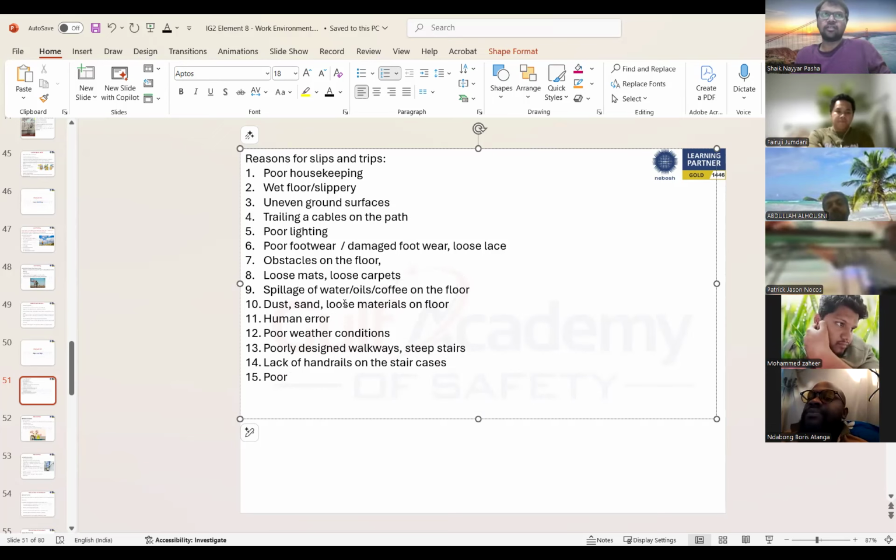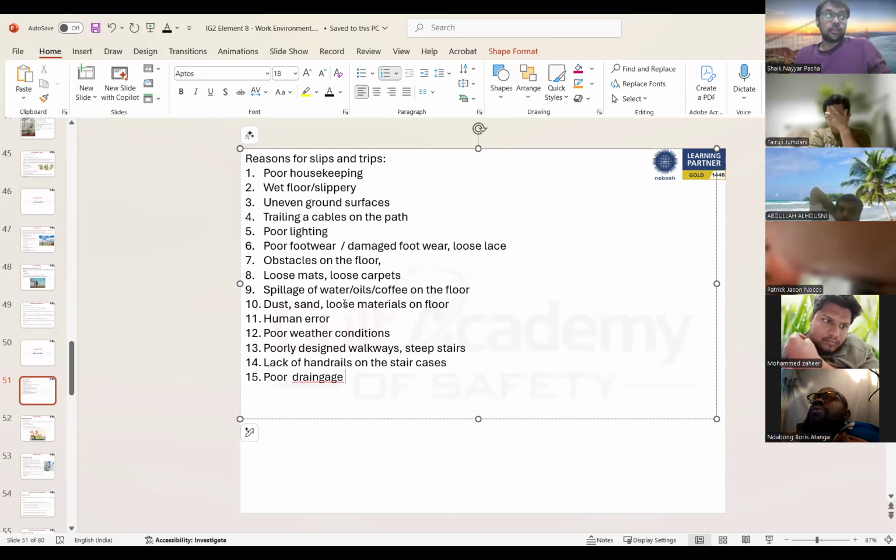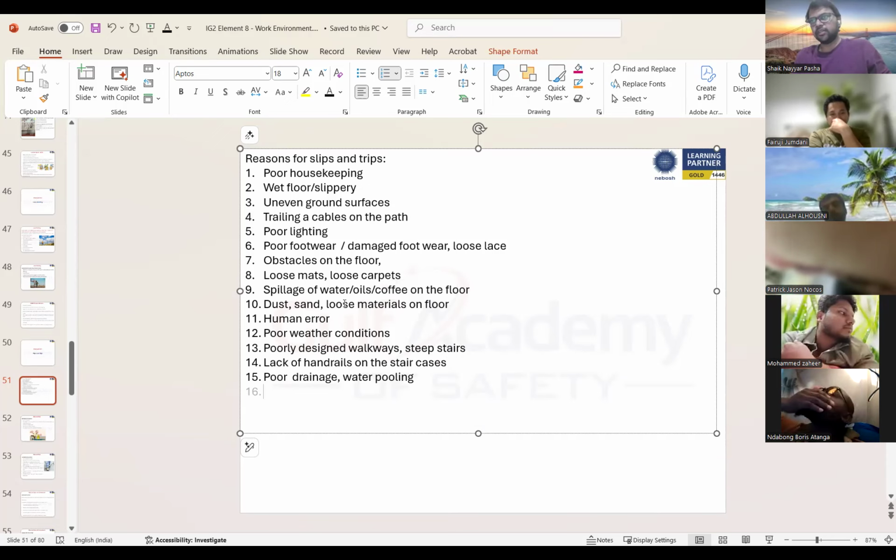Or poor drainage systems leading to water pooling and resulting in a slippery floor. That is one thing. And sudden changes in the floor levels.